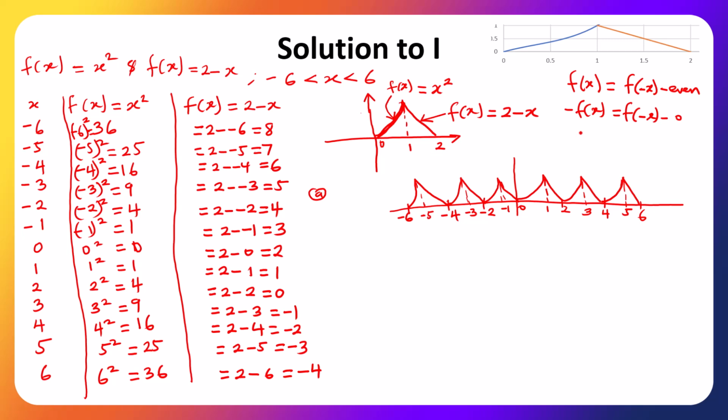So the second question says that you sketch for f of x is even and periodic of period 4. So we have established that f of x equals x squared is even and f of x equals 2 minus x is neither even nor odd. But we know the basic function.